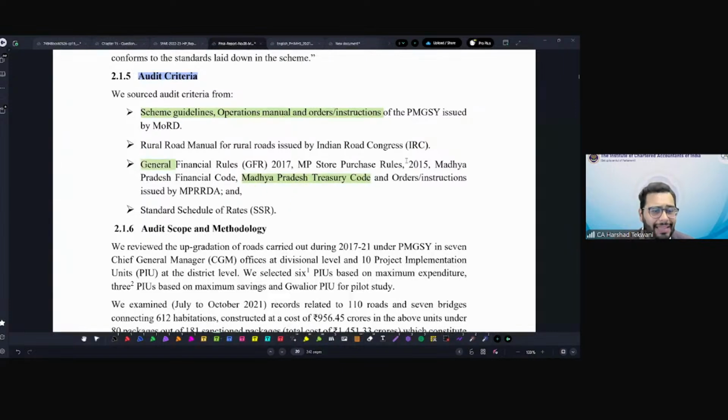Okay, all these things are nothing but your audit criteria. Why? Because I will basically evaluate the program and I will check whether these rules, regulations, orders are being complied or not.